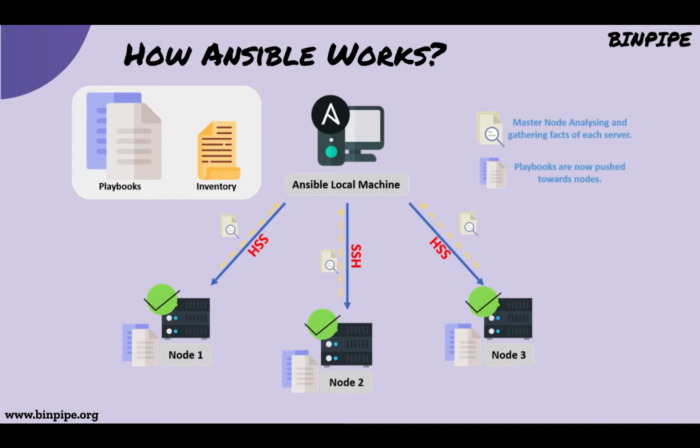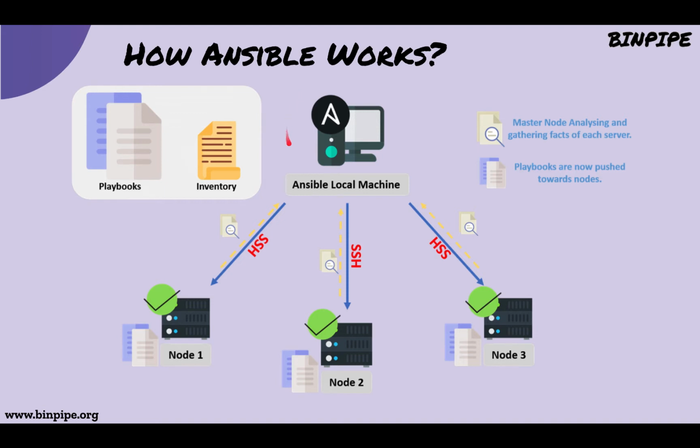Now, how does Ansible work? This diagram just simplifies things for you, and when we do it practically, it would clarify everything for you, like what's going on and how it's working. So first of all, we'll look at how Ansible works.